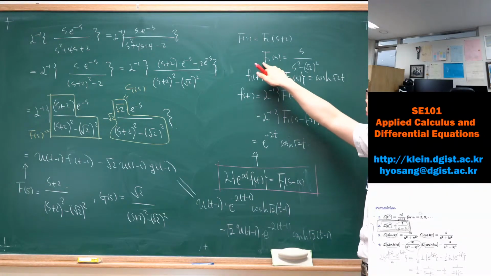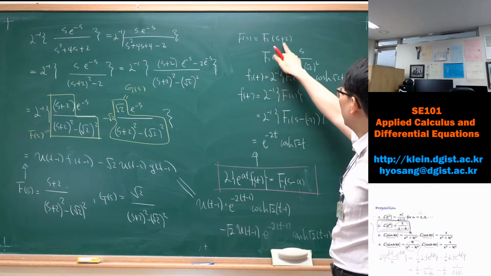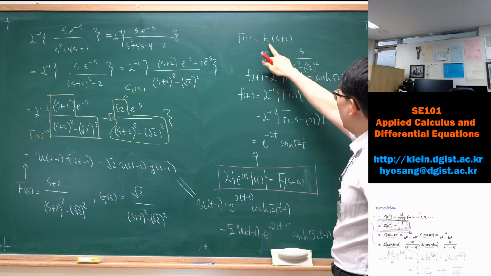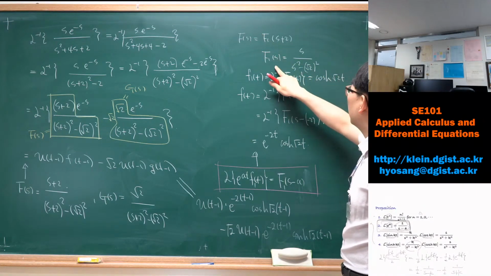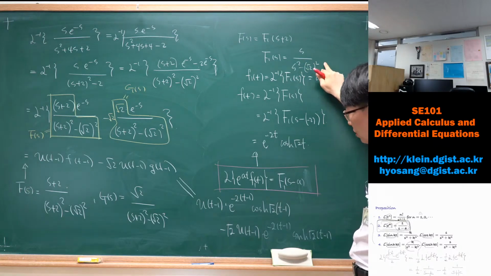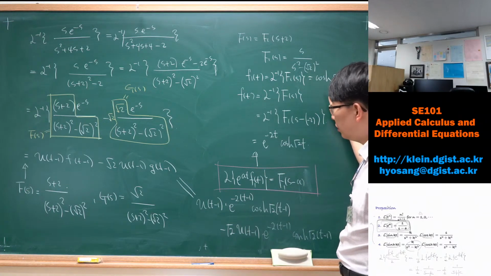So my result function is a shifting of F1 by -2. So the original function, I mean the f of 1, is given by the Laplace transform of cosine h. F of 1 is a cosine h square root of 2t.